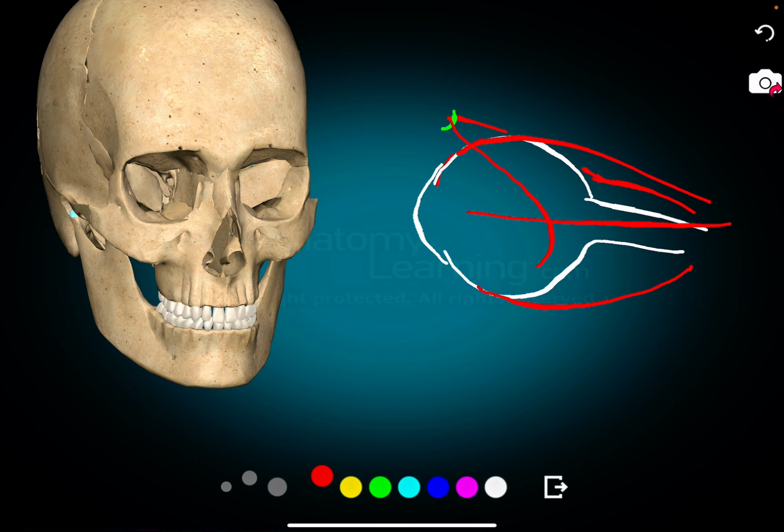The inferior rectus arising, the inferior oblique arising from the lacrimal fossa, coming like this and getting attached oblique, opposite to the superior oblique. So this is the annulus tendinosus, and these are the muscles that move the eyeball, extrinsic muscles of the eyeball.